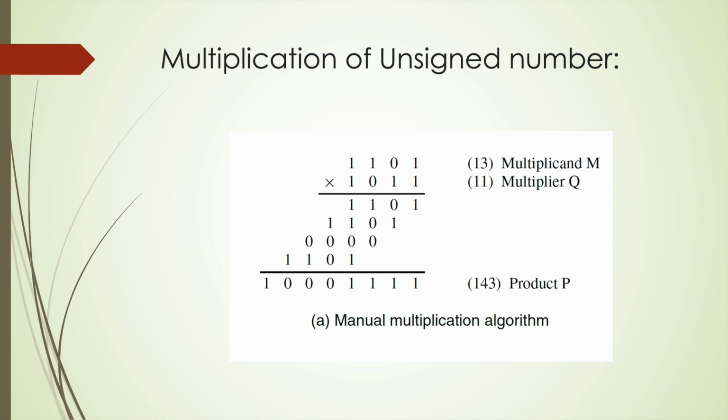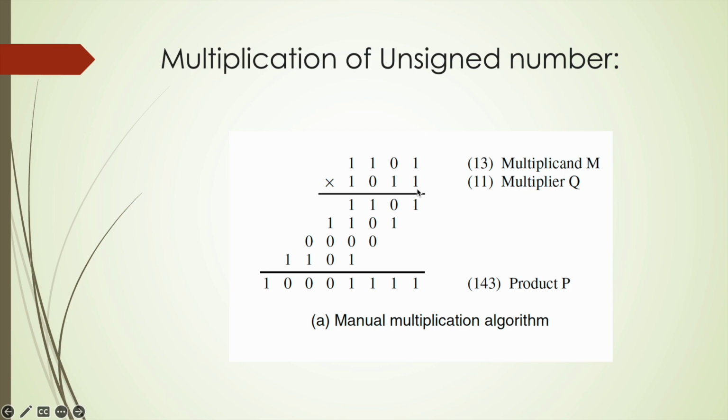But in binary numbers we have only two possible values, either 0 or 1. So if we have a multiplier bit 1, then we add the multiplicand to the result. If we have a 0, we just shift the positions.